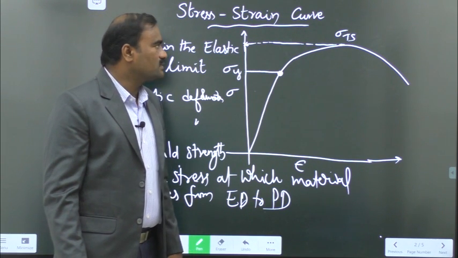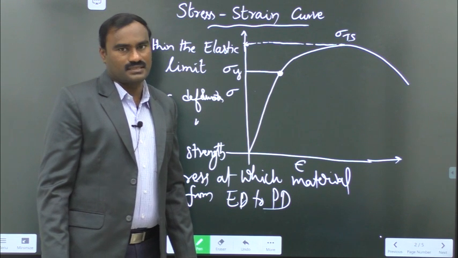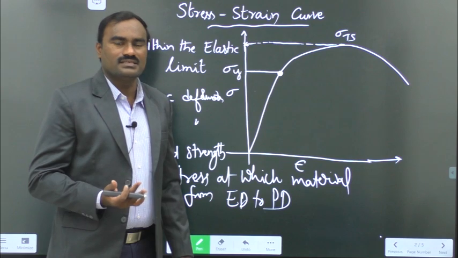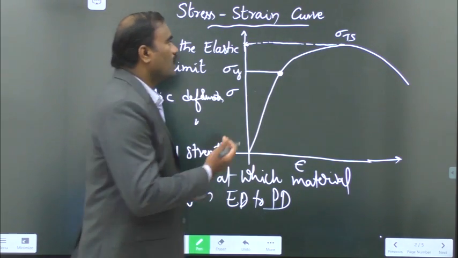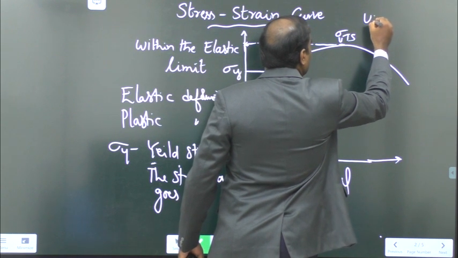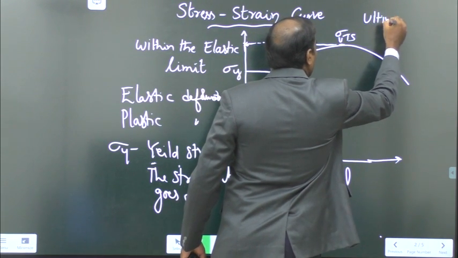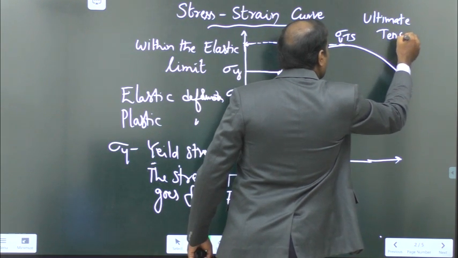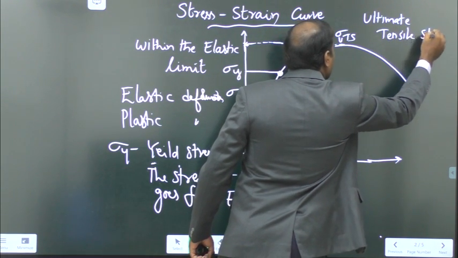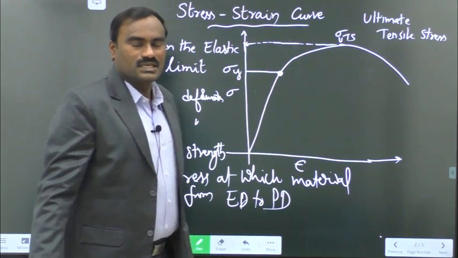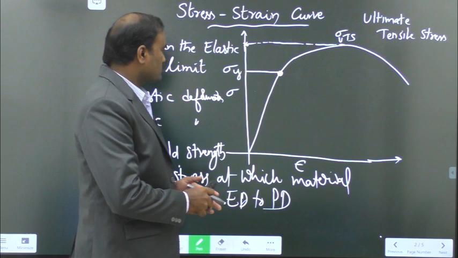That is known as tensile strength sigma Ts, or ultimate tensile stress, also called UTS.